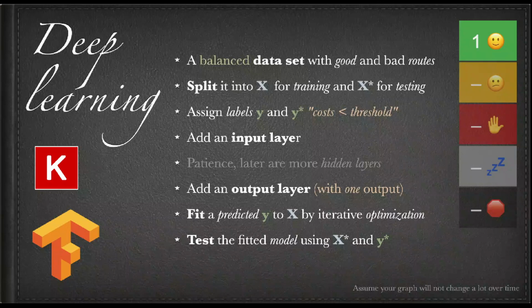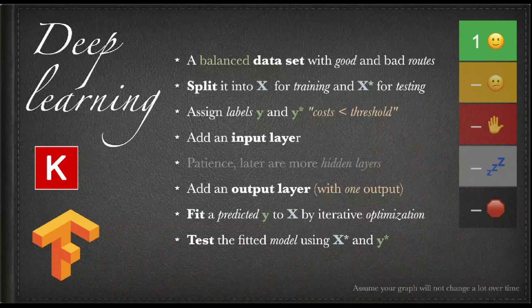So basically we're going to start predicting the labels Y for the training set X, iteratively optimizing the fit, meaning that there is very little deviation between the Y we want to see and the Y that our neural network is actually giving to us.